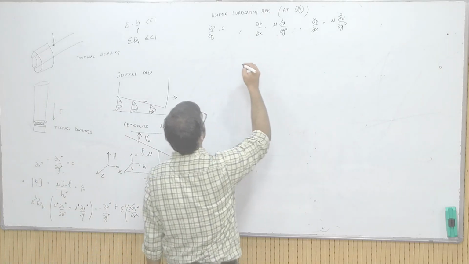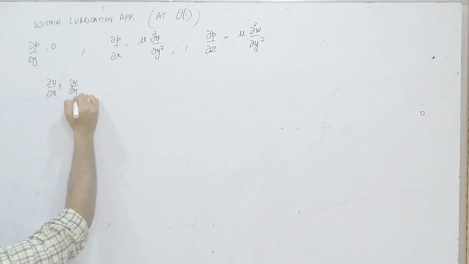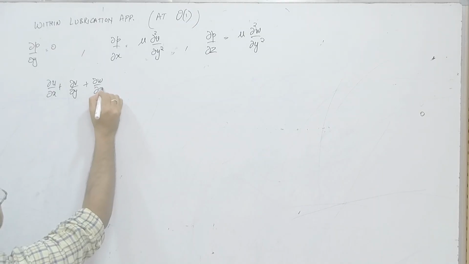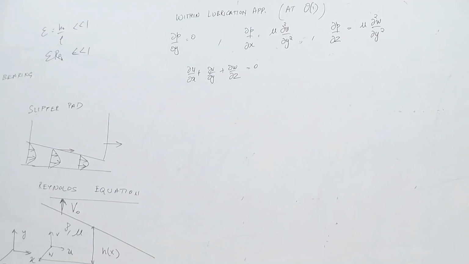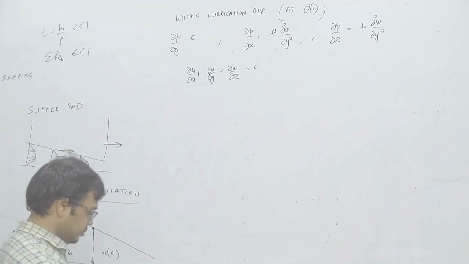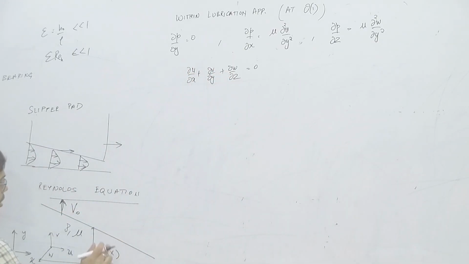And of course, we will have the continuity equation: del u by del x plus del v by del y plus del w over del z equals 0. We will have the boundary conditions from here.